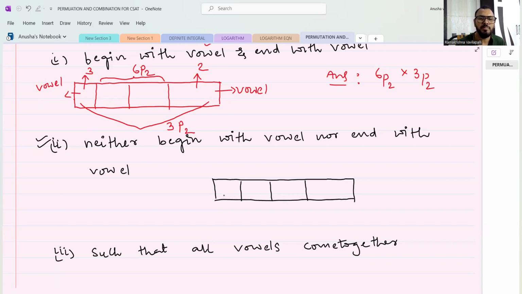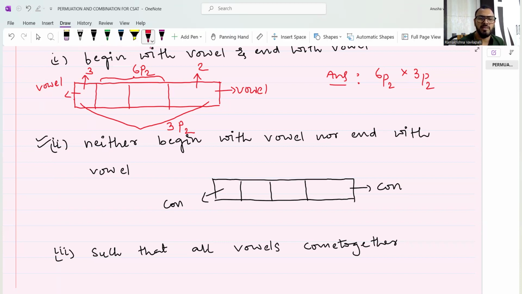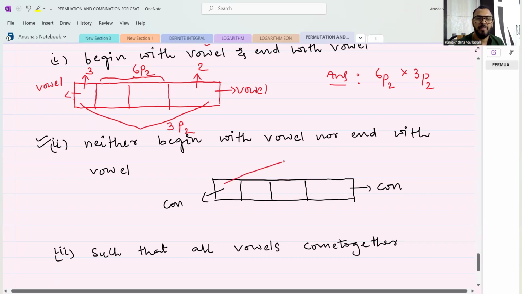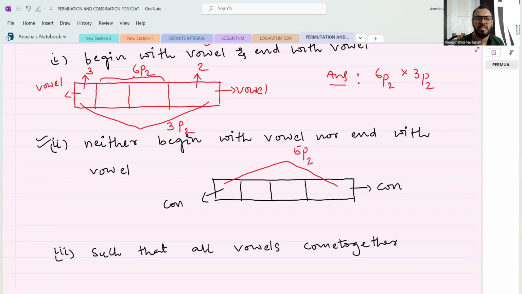Which implies that the first and last letters of the 4-letter words must be consonants. So this position must be a consonant, and this also must be a consonant. Out of 8 letters, we have 3 vowels and 5 consonants. So let us fill these 2 boxes with 5 consonants. We can fill these 2 boxes in 5P2 ways.